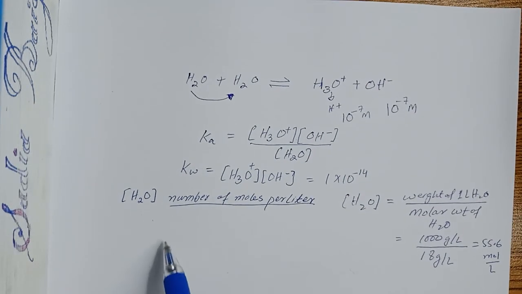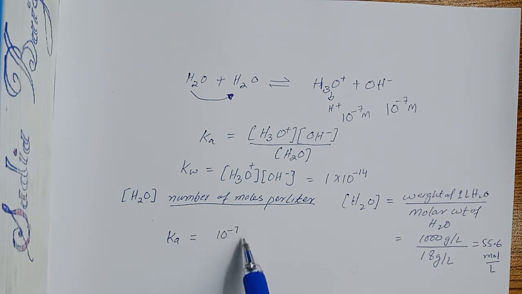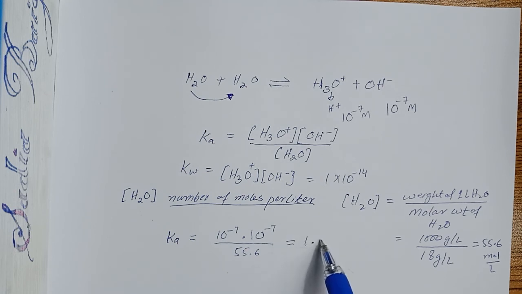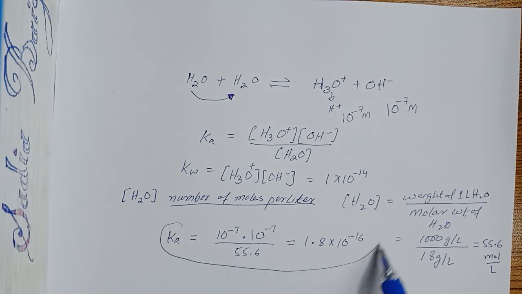Now we can substitute the value of the concentration of water in this equation. So the Ka value is actually equal to 10⁻⁷ into 10⁻⁷ molar over 55.6, that is equal to 1.8 into 10⁻¹⁶. So the Ka value is actually equal to 1.8 × 10⁻¹⁶ for water.